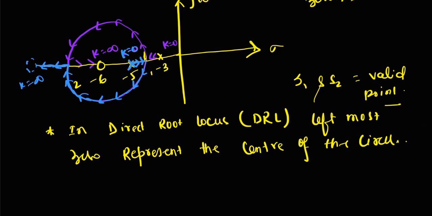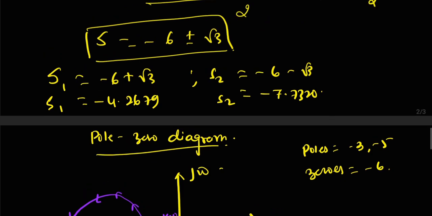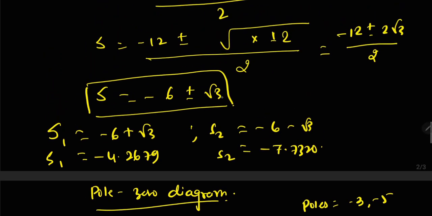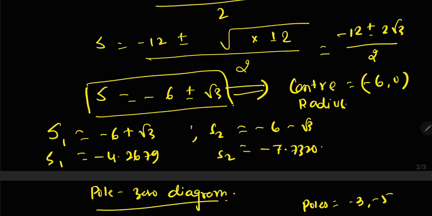So the center of the circle is -6, and also see this expression: center (-6, 0) and radius root 3. This one represents the center and this one represents the radius.